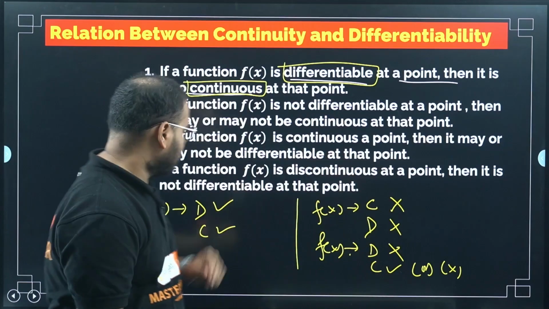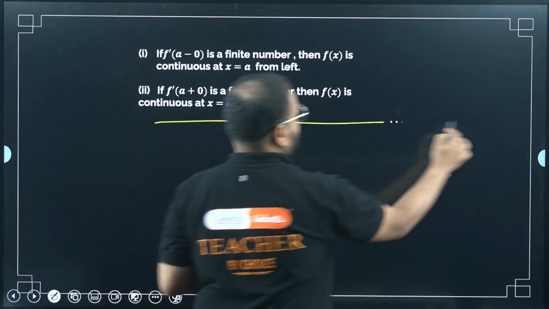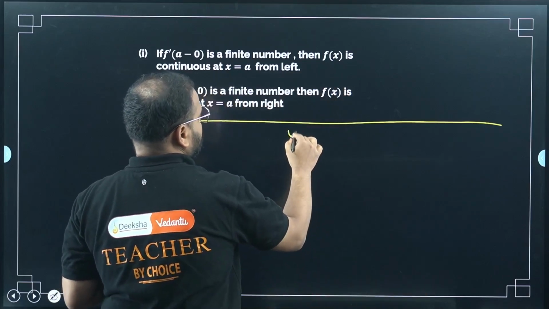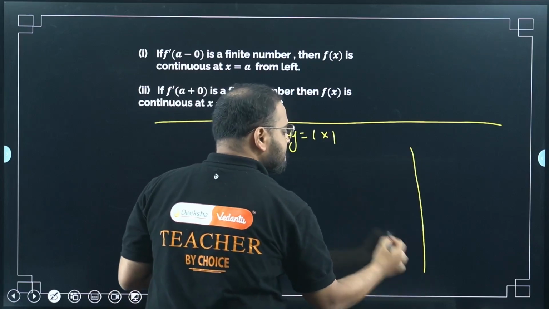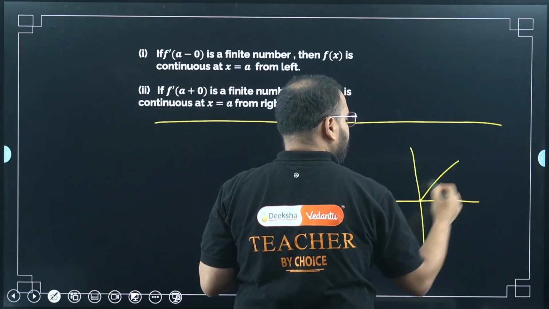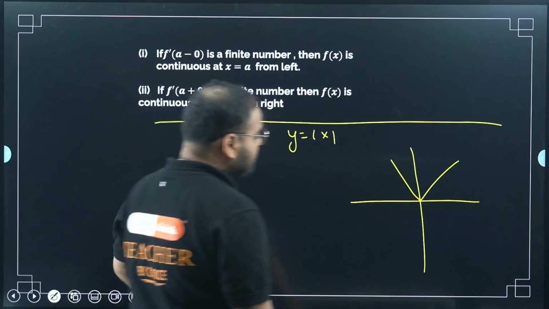Let's take an example. I'll draw a graph. Let's take y equals mod x. How will the graph look? The graph is going to look like this. Now please check.